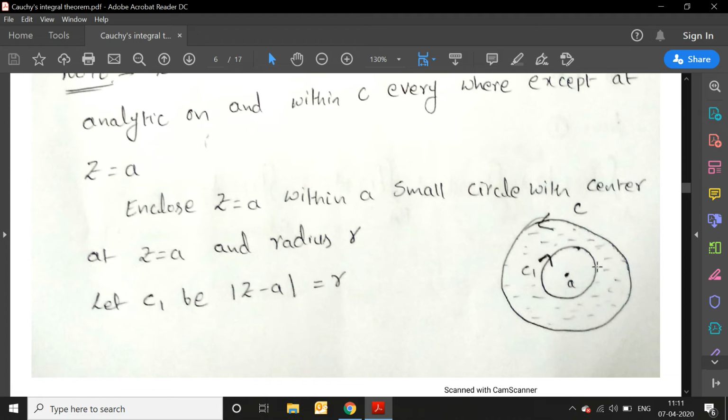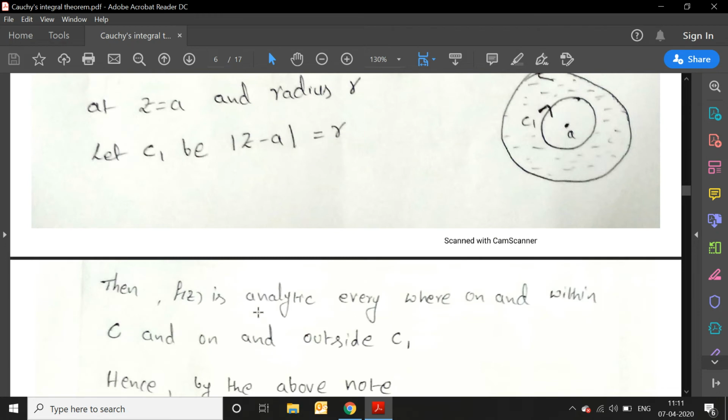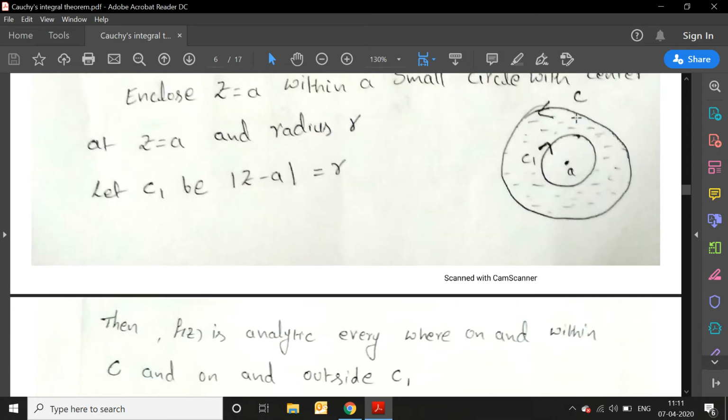This circle is drawn inside C and the center is a. Then f of z is analytic everywhere on and within C and on and outside C1. So here f of z is analytic on and within C, and on and outside C1.